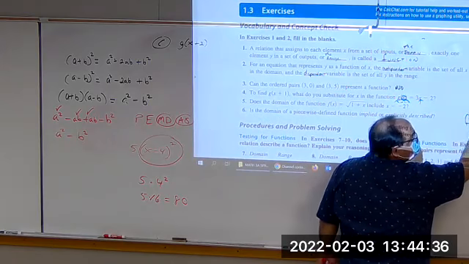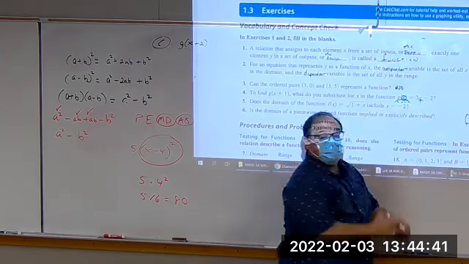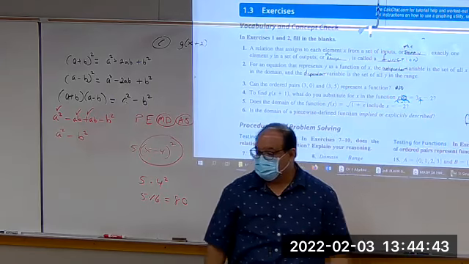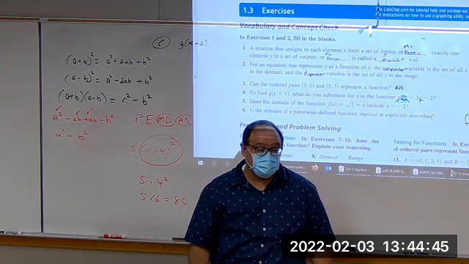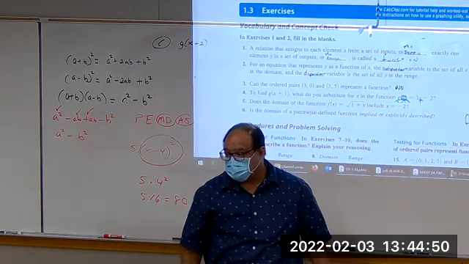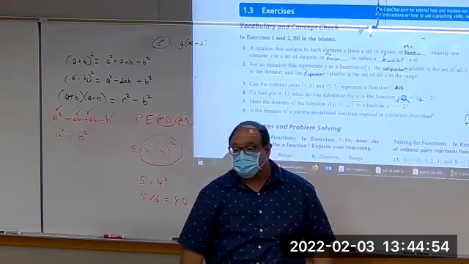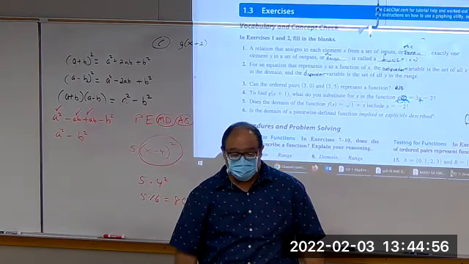So the domain of this function is every possible real number except 3. You cannot use 3. All real numbers except the number 3. You can use 2.99999999999999999, but don't use 3.